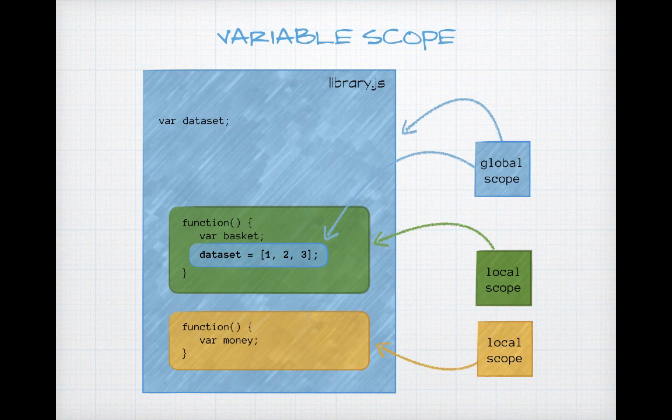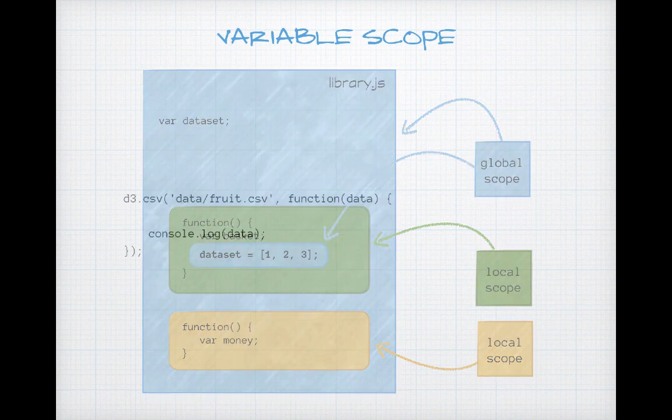And so I can read from dataset, I can write to dataset, and now I need to make sure that the data that I bring in from that CSV file is accessible and available to every other function in D3. And so we're going to modify our callback function to do this. We're going to take that locally scoped variable and we're just going to copy it into a globally scoped variable. And we'll do that in our library here in just a second.